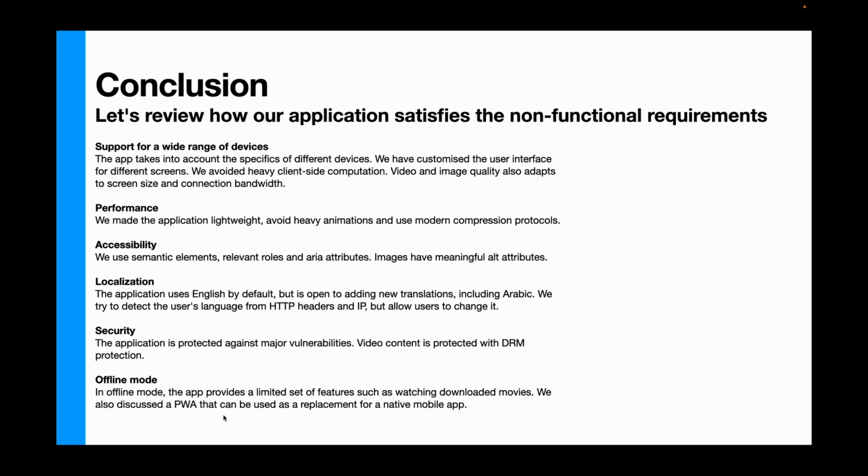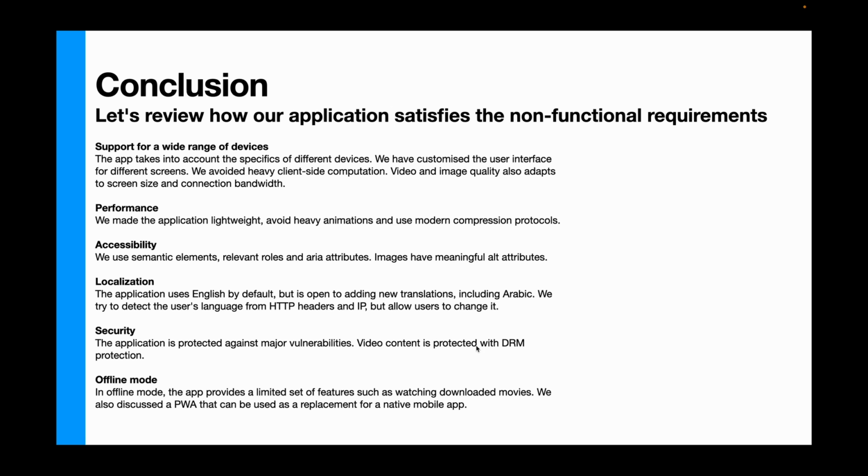Okay, and conclusion. Let's review how our application satisfies the non-functional requirements. We support a wide range of devices. The video and image quality also adapts to screen size and connection bandwidth, with alt attributes. Our application is localized. It's secured against major vulnerabilities.